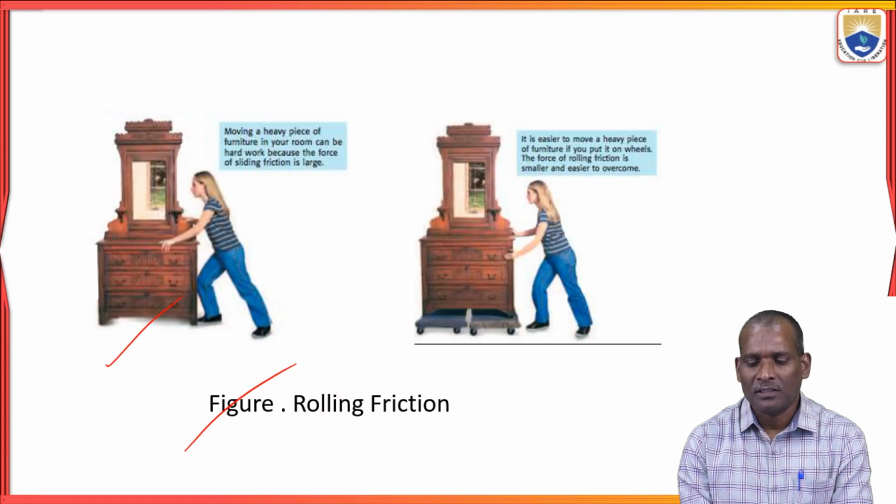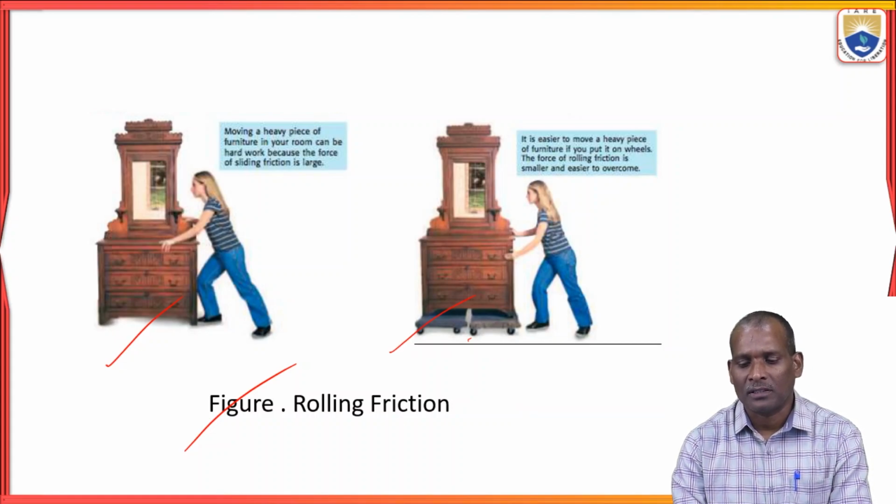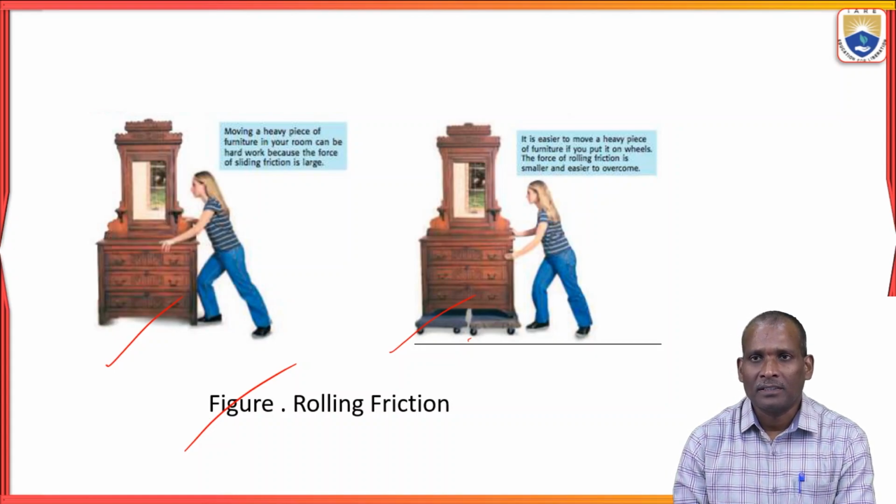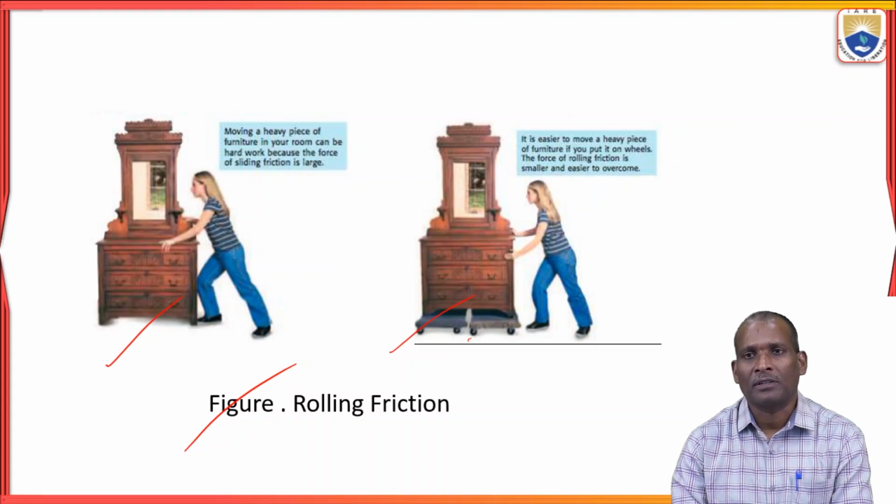With the same furniture, suppose you keep rollers or wheels under the heavy furniture. The force of rolling friction is very small and it is easier to transfer from one place to another. You can place this furniture in another place.